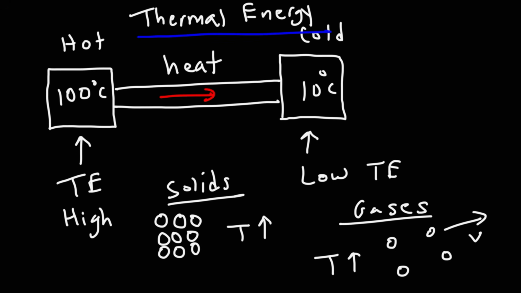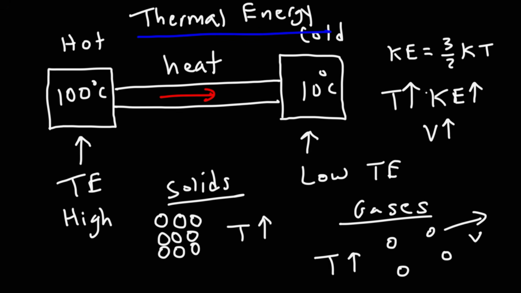And there's a formula for this. When dealing with gases, the average kinetic energy is equal to 3/2 times Boltzmann's constant times the temperature. So if you were to increase the temperature of the gas, you're increasing the thermal energy of that system, and you're also going to increase the kinetic energy of those individual gas particles, which means those gas particles are going to be moving faster.